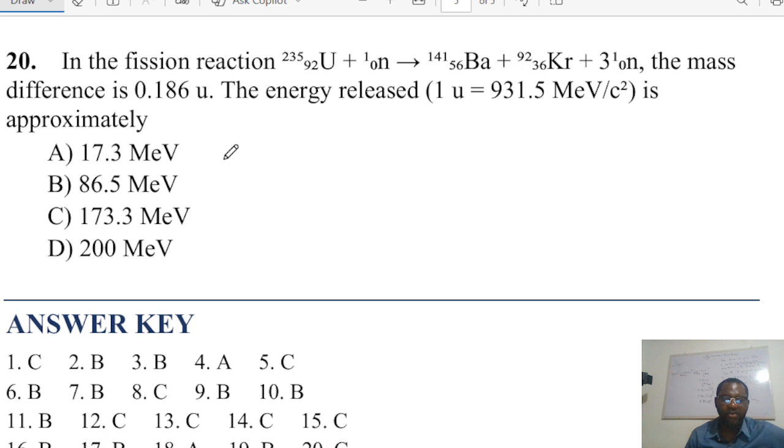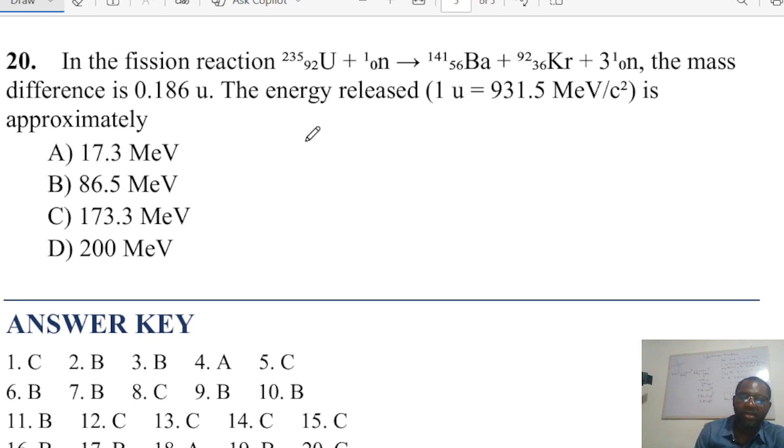Okay, I wanted to avoid this one. So here in the fission reaction, this is a fission, splitting of this into this. It says the mass difference is 0.186, and the energy released is this.